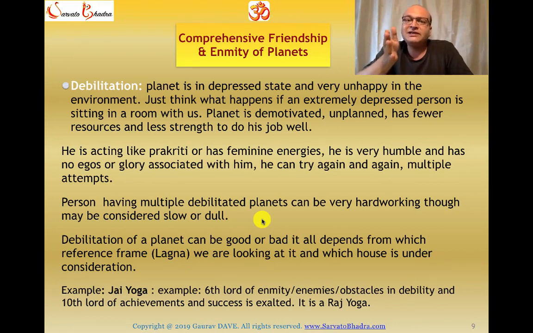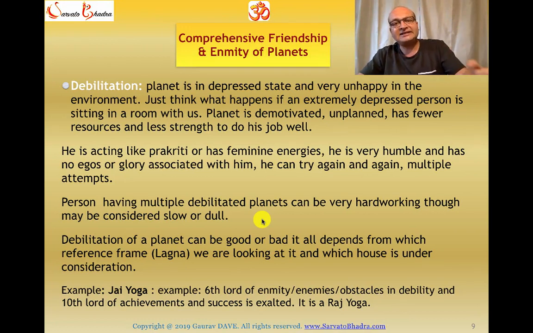From Lagna, from the ascendant, if sixth lord is weak and tenth lord is in exaltation, it is a yoga, and this yoga is called Jaya Yoga. Yoga for victory. Why is this native having victory in life? Because his karma sthana, the work he wants to do and whatever he wants to achieve in life, the respect he wants to command, the post he wants to occupy is exalted, is in a very good state to give results.